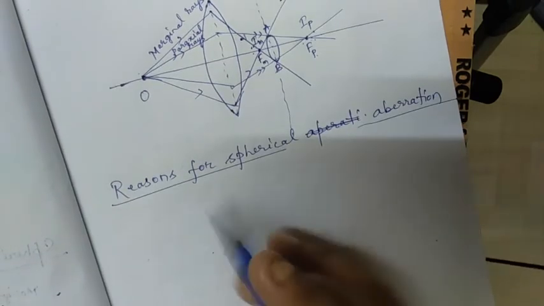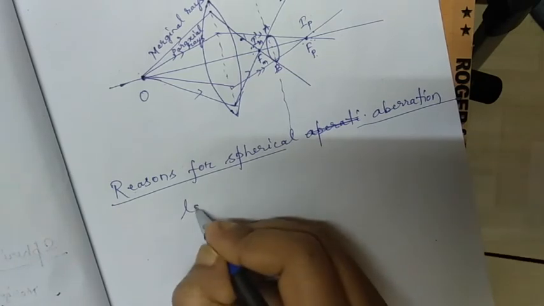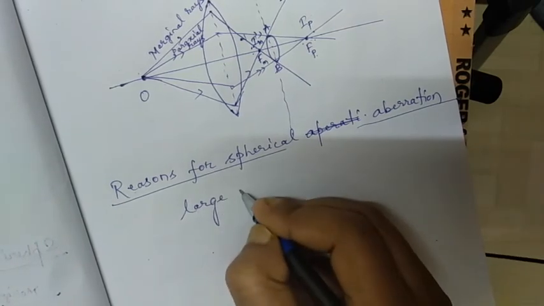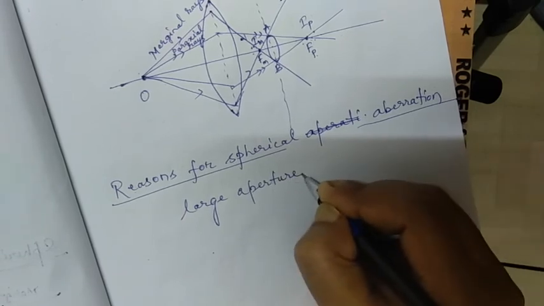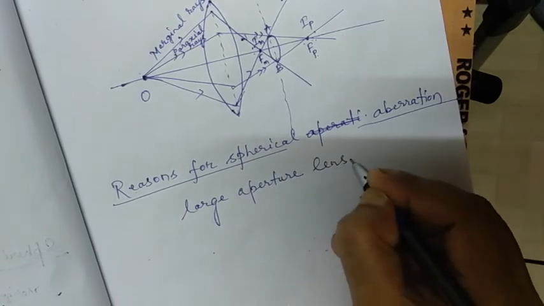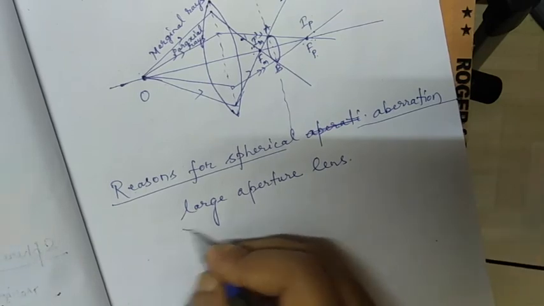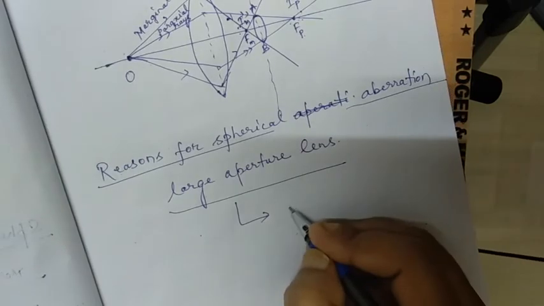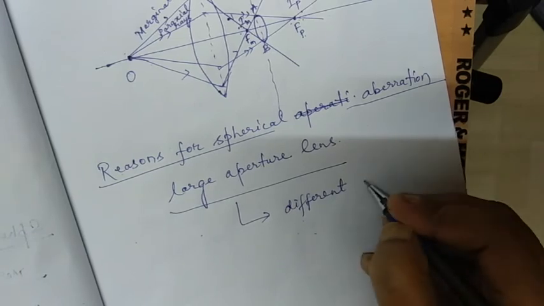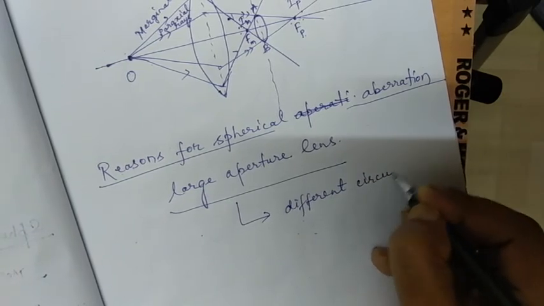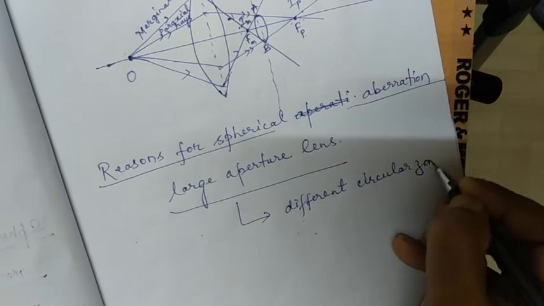So the main reason is, when you are considering a larger aperture lens, we consider this to consist of different circular zones.